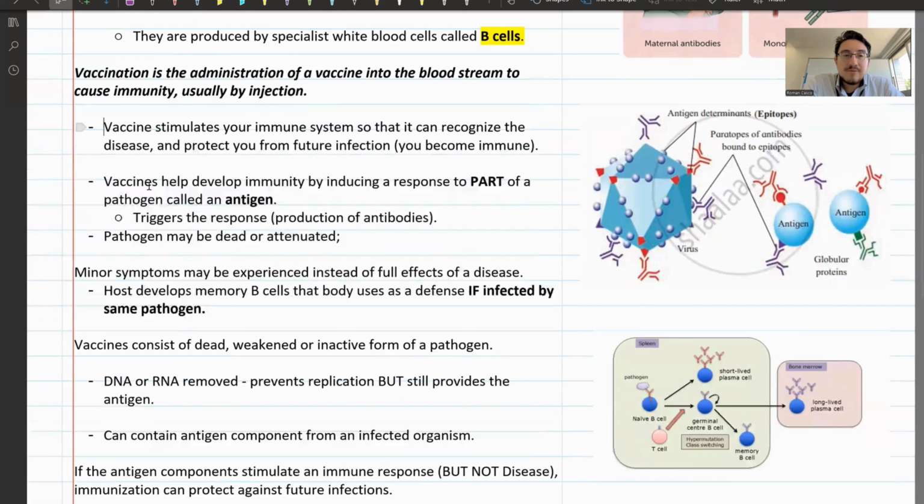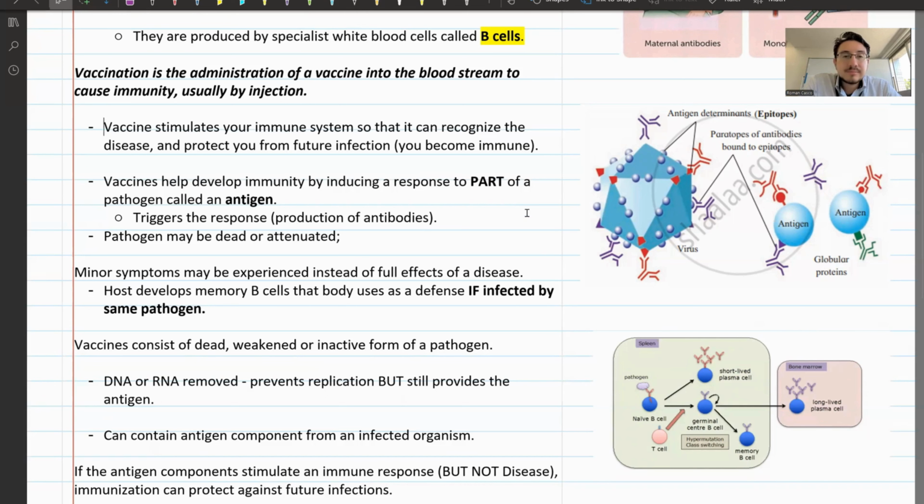All right. So vaccines help develop immunity by inducing a response to part of a pathogen. Okay. To some chunk of a pathogen, right? If it's a virus, let's say the little protein coat of the virus, right? These little proteins, right? The antibody can come in and bind to these protein coats.